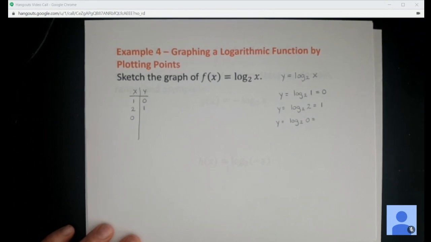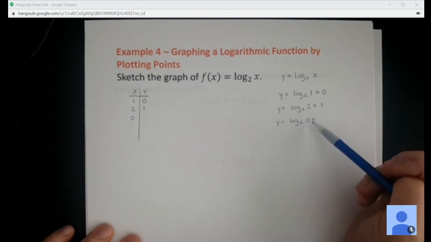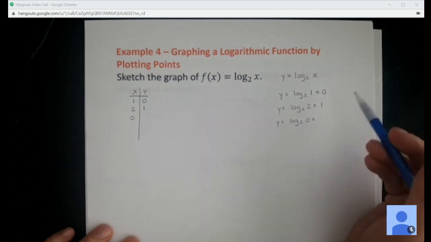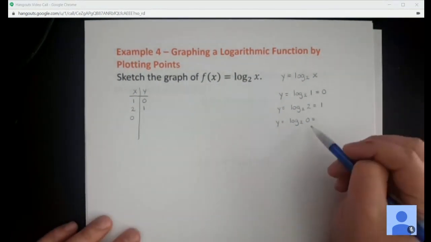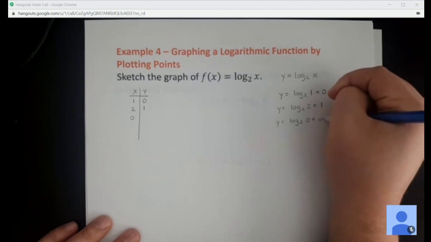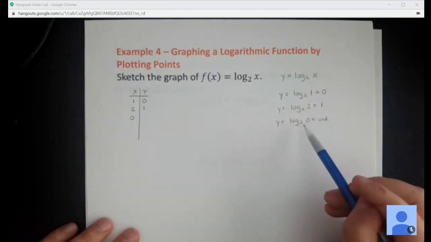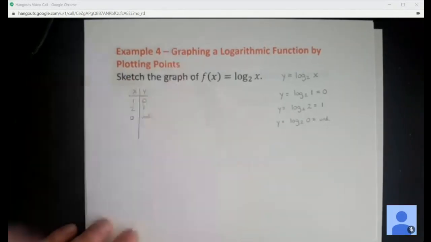There is no value, because what we're trying to figure out is 2 to what power would give us 0. 2 to the 0 power would actually be equal to 1, so that's not going to work. There's no exponent that I could put here that 2 to that power would give me 0. So at 0, this function is actually undefined.